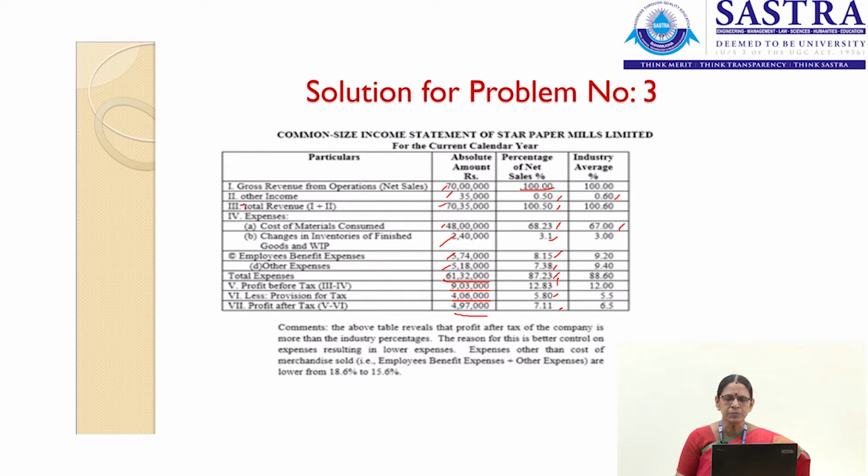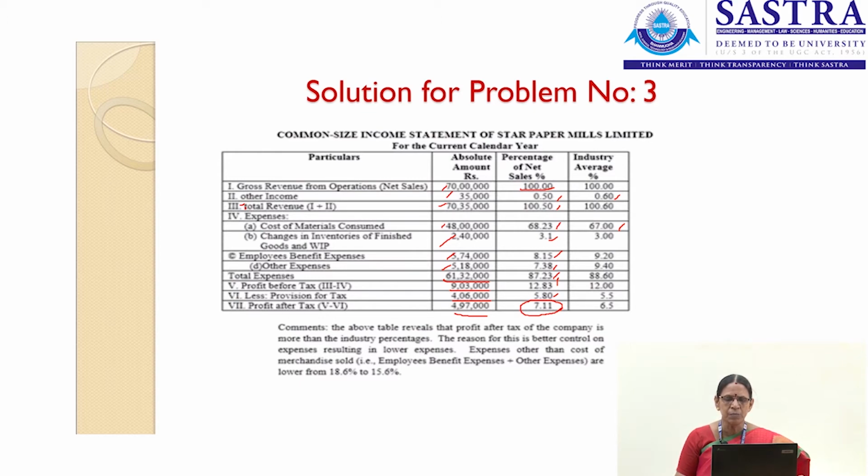And we have the total expenses of 88.60 for the industry, and for the firm we have 87.23. So this is lesser than the industry average. Now profit before tax is 12.83, and we have tax of 5.5% as industry average, 6.5% as industry average, but the company is able to earn 7.11%, which is higher than the industry average. This is because of the reduction in the expenses.